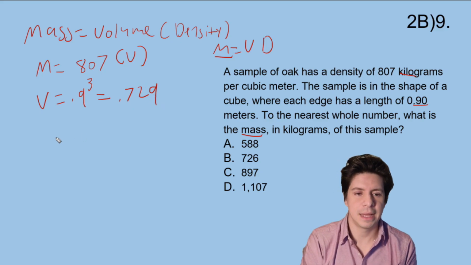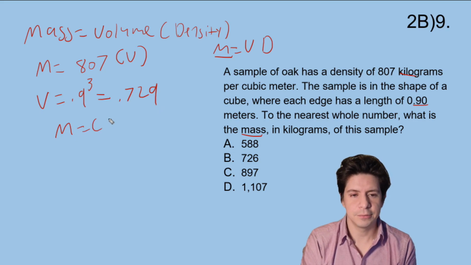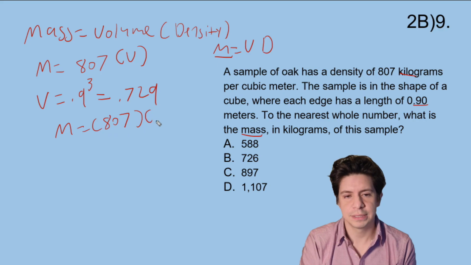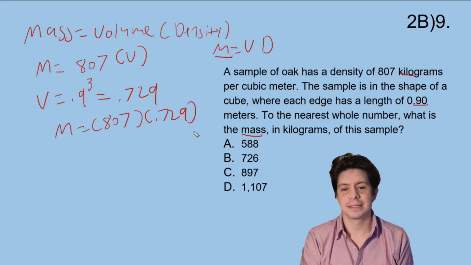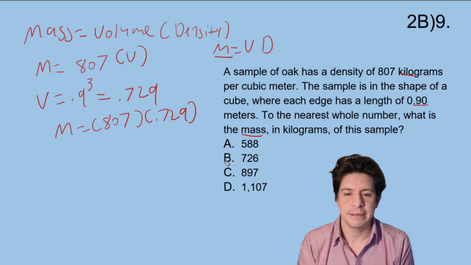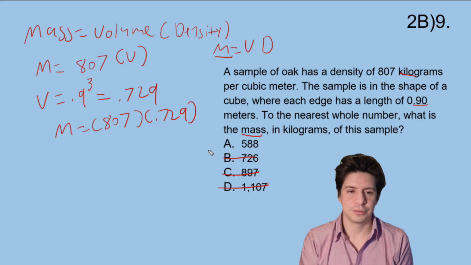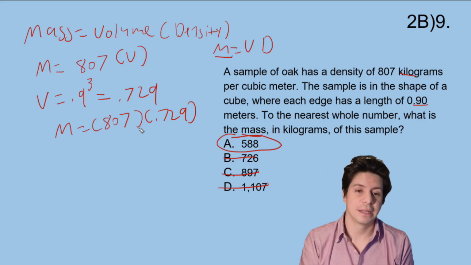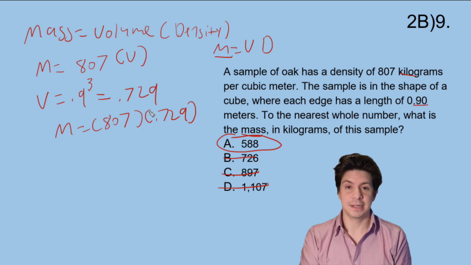Okay, so mass equals 807 times 0.729, and I can tell you, even without doing the math, that it's not going to be B, C, or D. Those are too big. It has to be A, and if we plug it in and multiply it, you'll see that it is A.